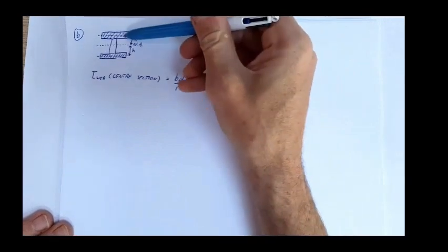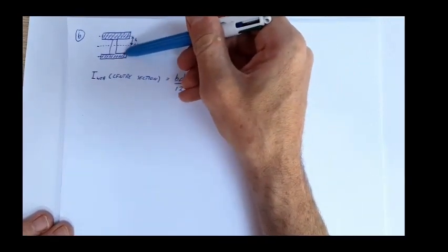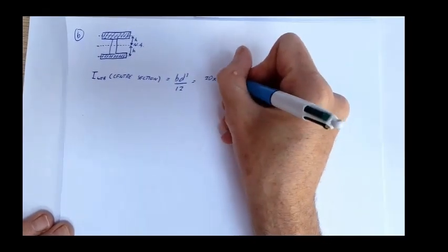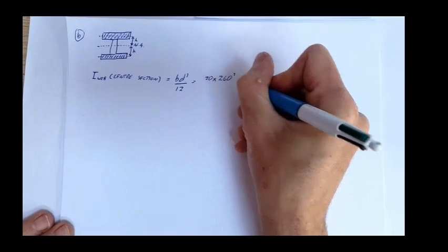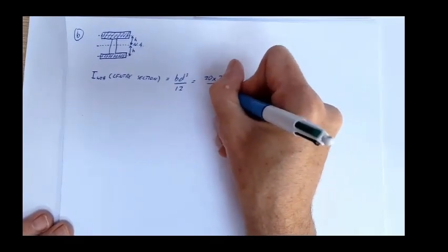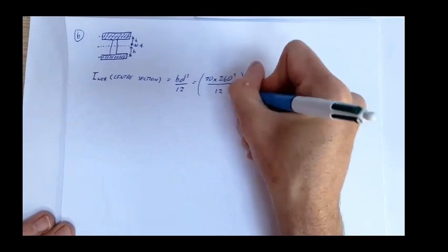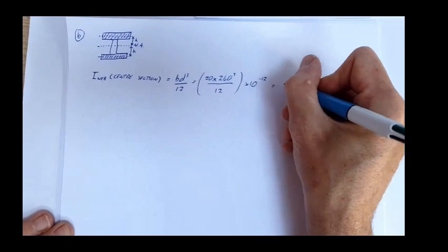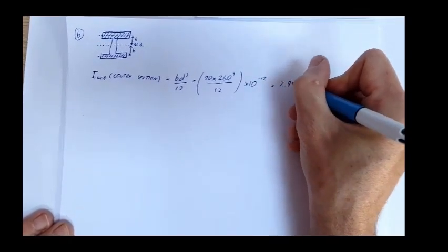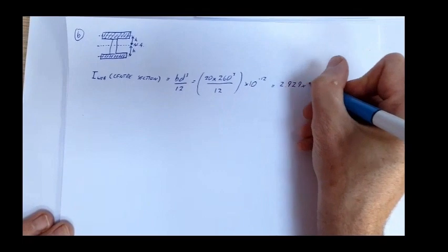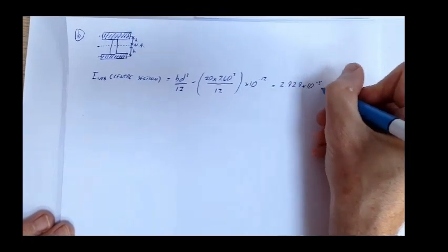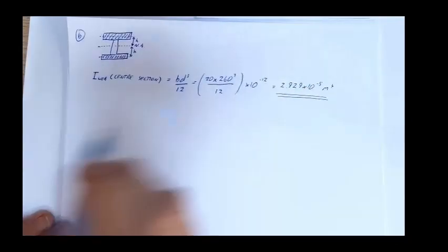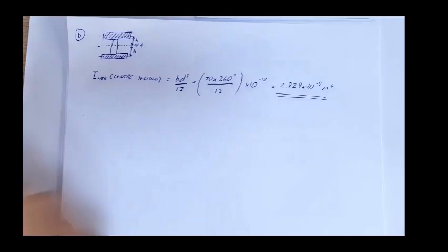The overall height is 280 minus 20, that's 260 deep. So times 260 cubed over 12. And then we're going to have to multiply that by 10 to the minus 12 to get that into meters. That's going to give me 2.929 times 10 to the minus 5 meters to the 4. So that's the second moment of area of that web.